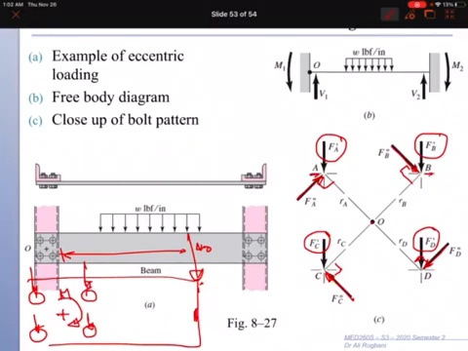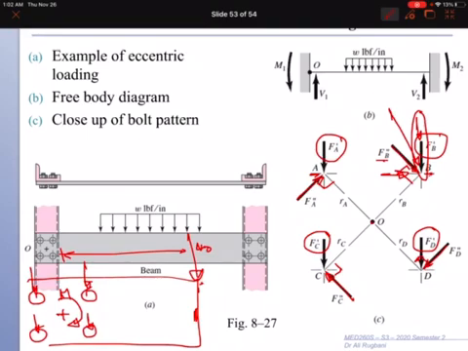For bolt B we have primary load and secondary load, and the total load will be in this direction, because if you take components for this secondary load, you get this component and this component. You see the vertical components add to each other and increase the total.